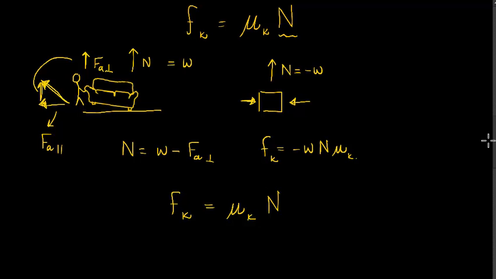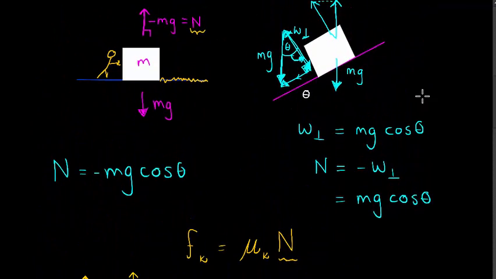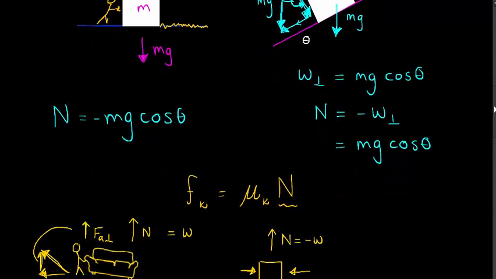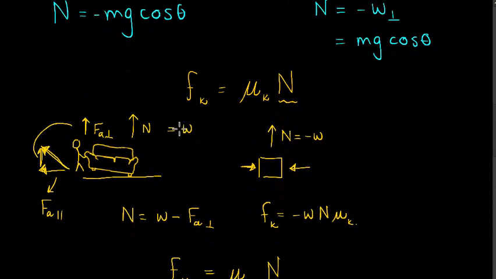Sometimes it's carrying the full weight, like in this case. Sometimes it's just carrying the weight that is perpendicular to the surface, like a box sliding down a slope. Other times it is carrying only the weight that's left, in other words when someone is pulling something at an angle.